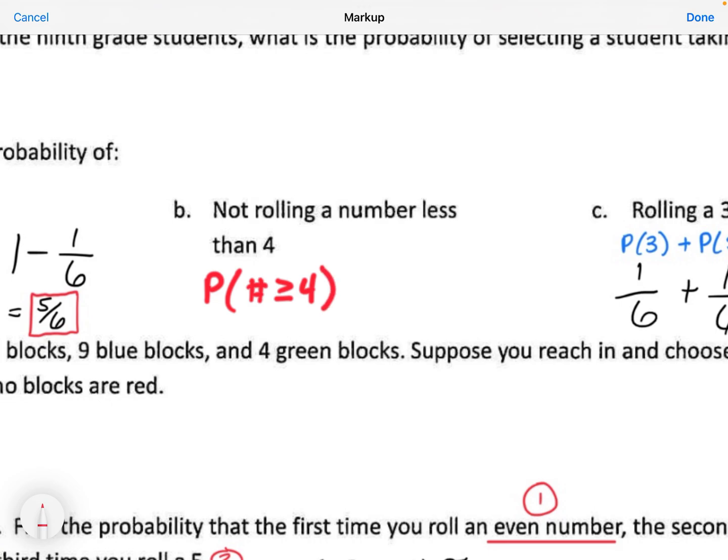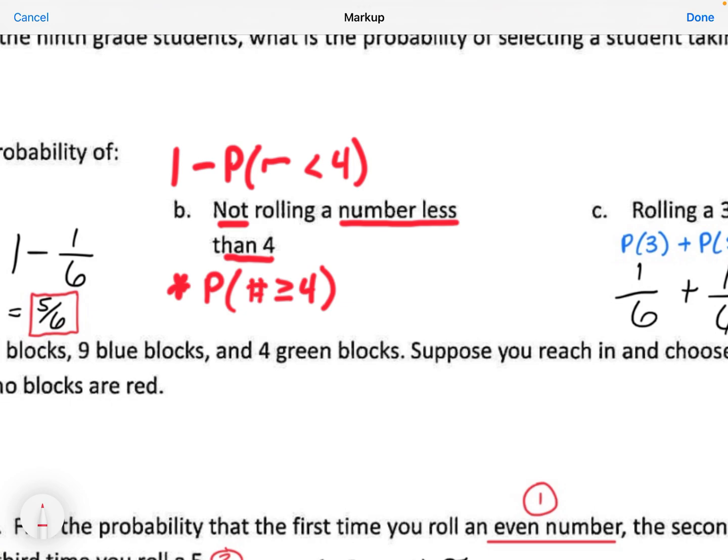That is the opposite of rolling a number less than 4, and we want that to not happen. We could also follow the rule, probability of not less than 4, and then 1 minus that. So there's a couple different ways to look at it, and a few of you asked me yesterday if we can just do the opposite, which is shown here.